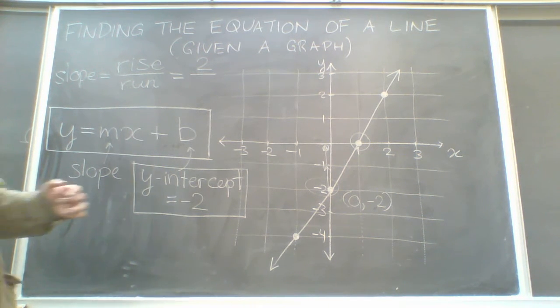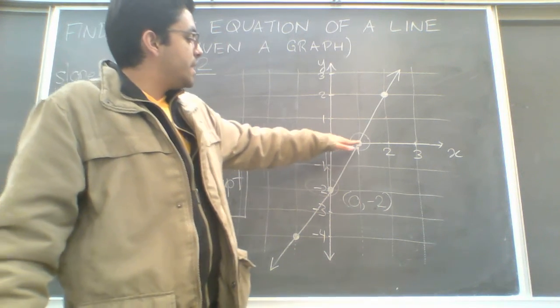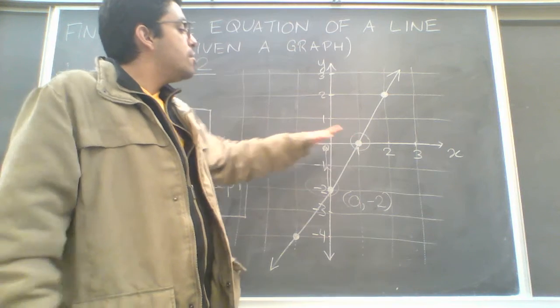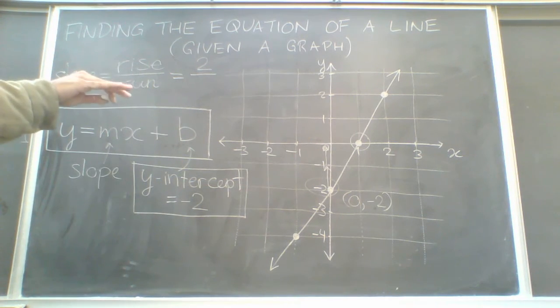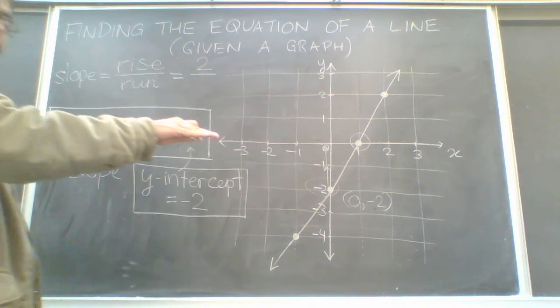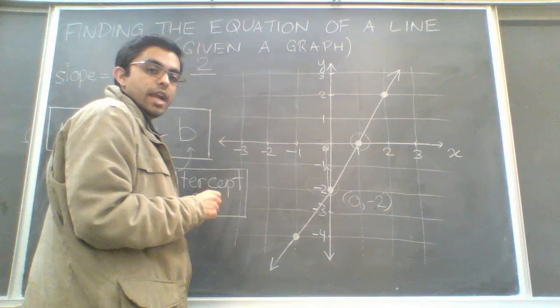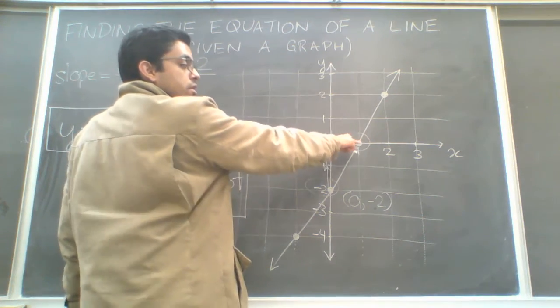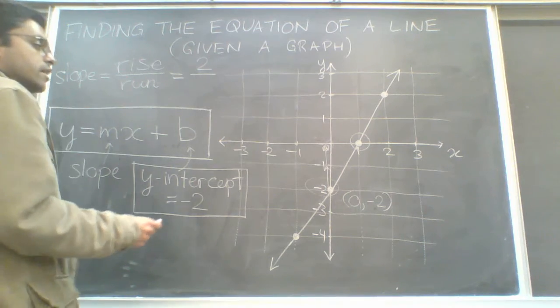Hopefully that's making sense. So from here, we have to move up 2 units in order to be in line with that point over there. But we're not at that point yet, right? Vertically, we've done our bit. We've gotten in line with that point. But right now, we're sitting over here on the origin, and we need to get over there to that point right there. So that's where our run comes in.